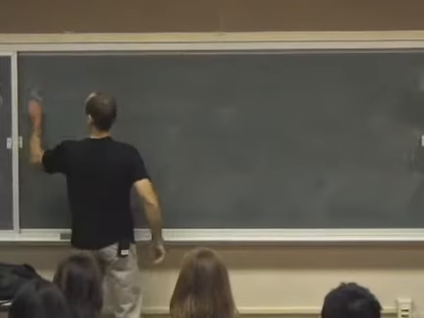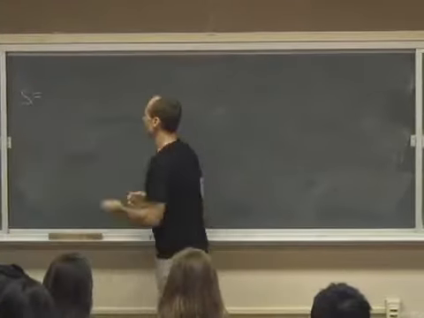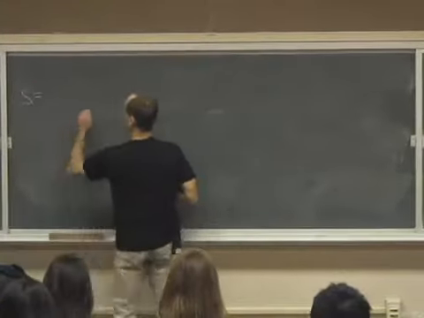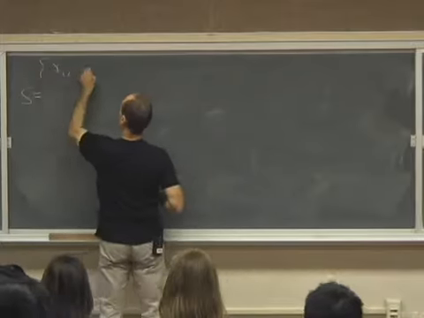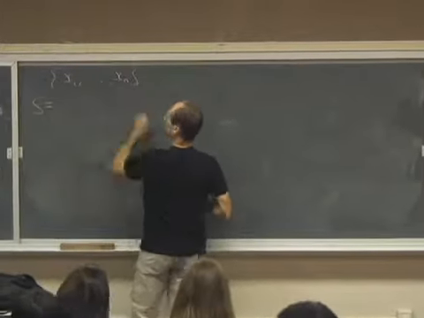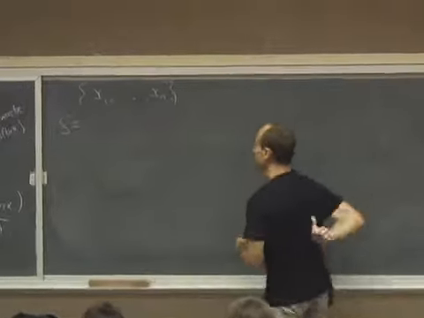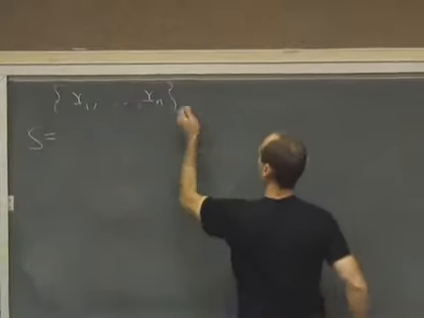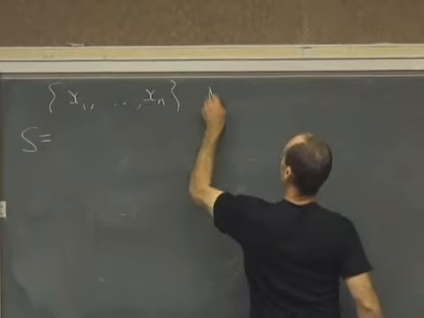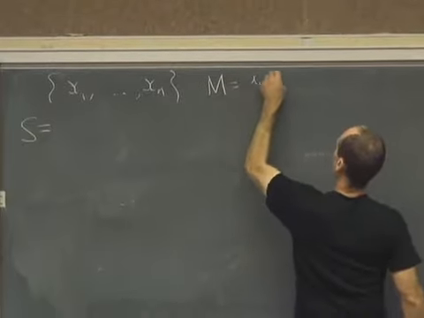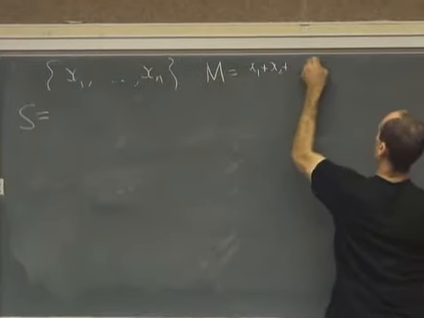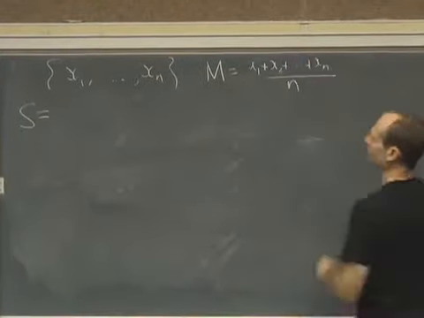If we have a list of data, x1 up to xn, and the mean m is x1 plus x2 plus so forth plus xn divided by n, that's the sample mean.